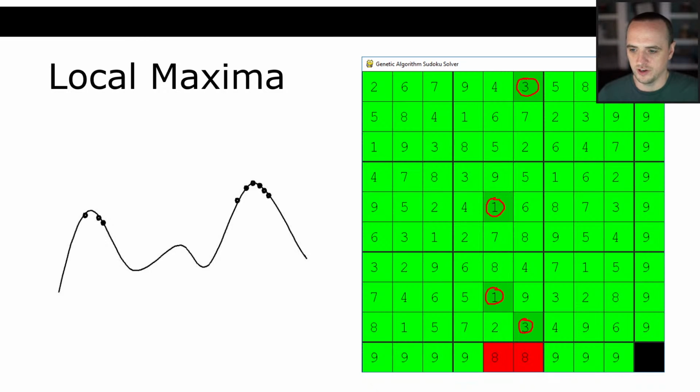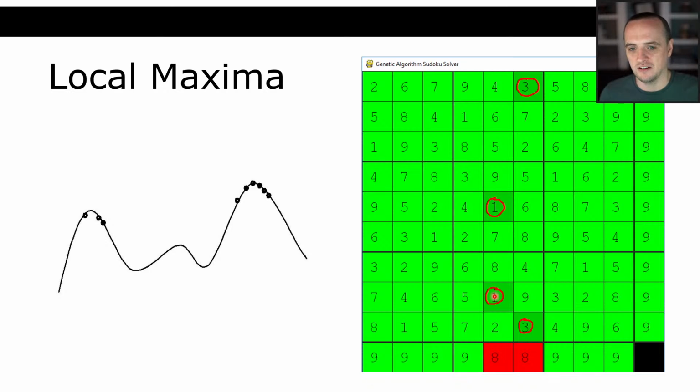You have two 1s here, and you have two 3s here. This Sudoku board is so close to being solved, right? So this Sudoku board might be this one right here. But if you're familiar with Sudoku, it may not be possible for you to get from this board and only make a few changes to get to this solution.